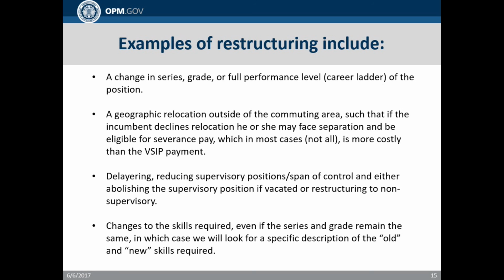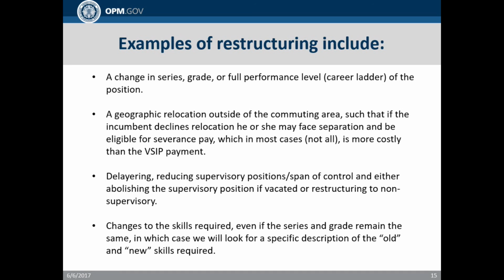Another example would be when OPM and or OMB sees that a geographic relocation outside of the commuting area is involved, such that the incumbent, if he or she declines the relocation, may face separation or be eligible for severance pay. We find that, generally speaking, offering such an employee the voluntary buyout is less expensive and less disruptive for everybody.